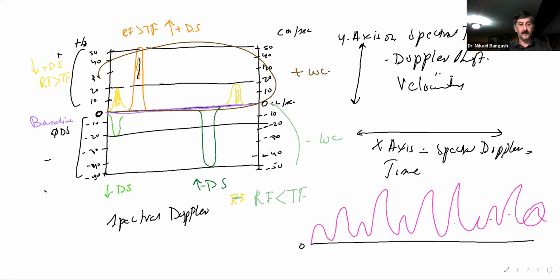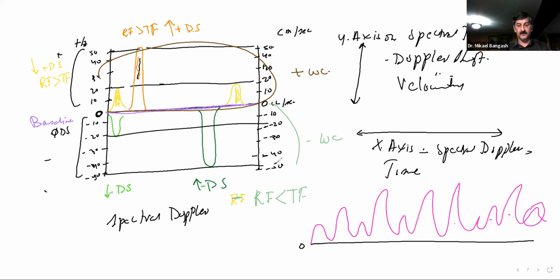Because even on the spectrum, I kept the speed at max positive 50 centimeters per second, max negative 50 centimeters per second. These values here could be increased.